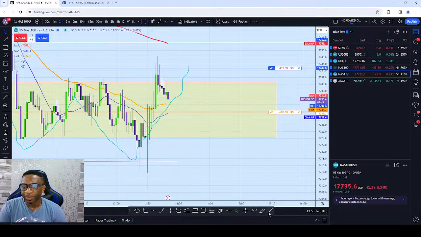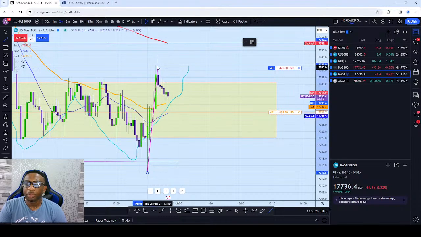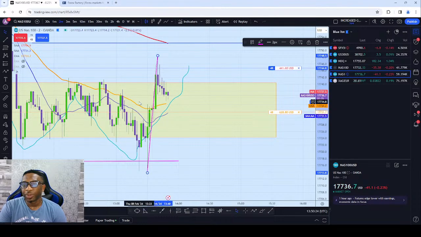Looking at this whole move that it began. Price started from this low, pushed up all the way up here.